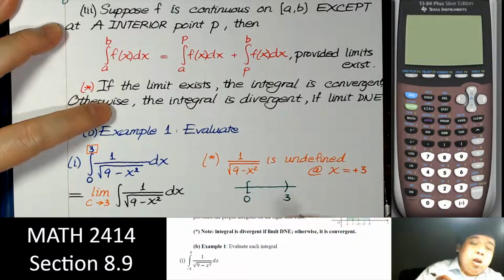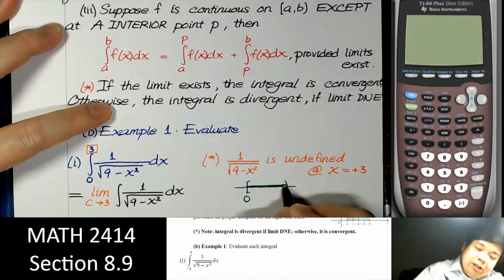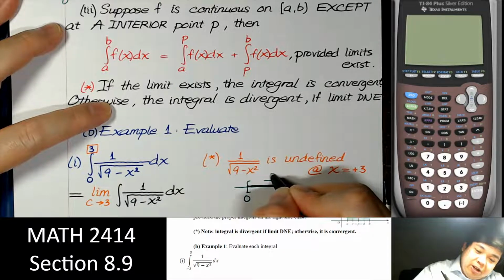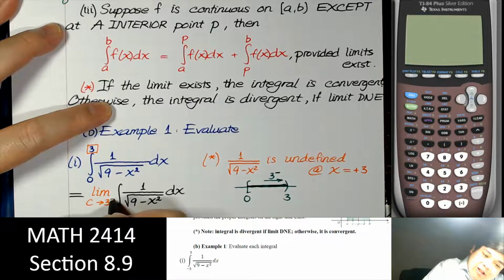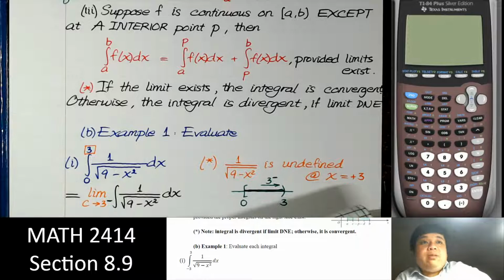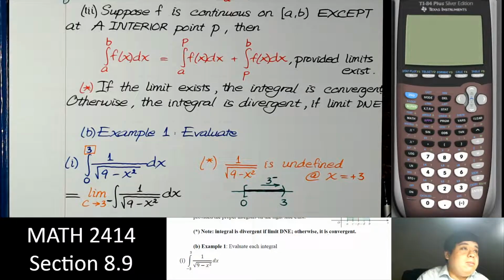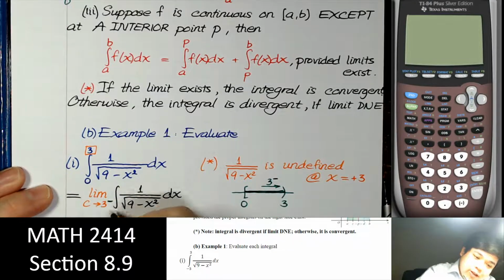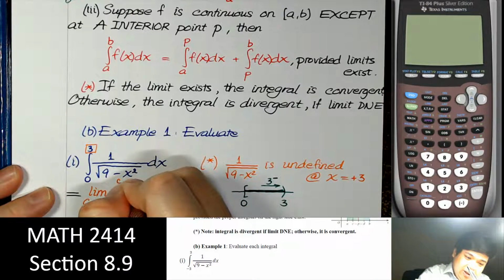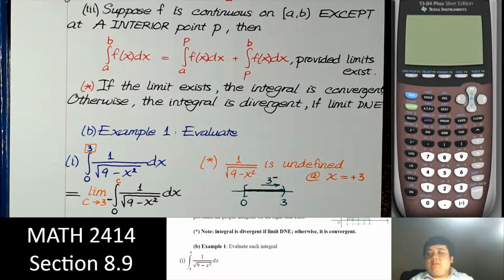So if we go from 0 to c, it is going to 3 from the left hand side only, right? So put the minus there, because we can only go to 3 from the left side. By the way, if you do enough problems, this one is sine inverse.